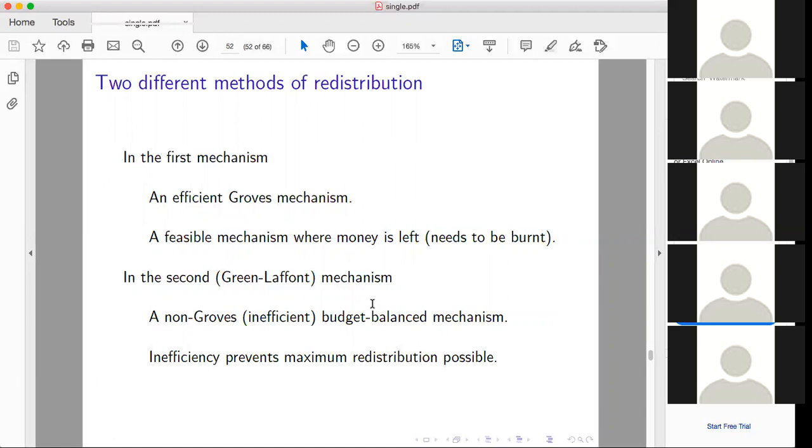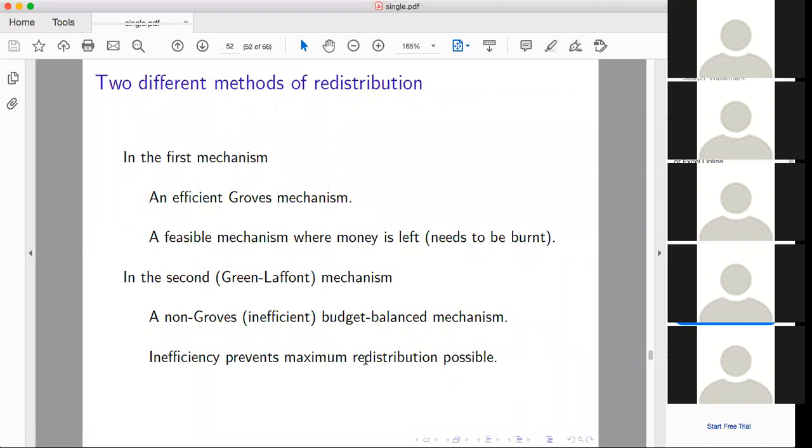So any money left on the table, unless the seller is taking it away, and if it is not being redistributed amongst the agents themselves, is basically burned. Okay. So in the first mechanism, we maximized our value, but we could not redistribute everything. In the second mechanism, it was a non-Groves, inefficient, but budget balanced mechanism.